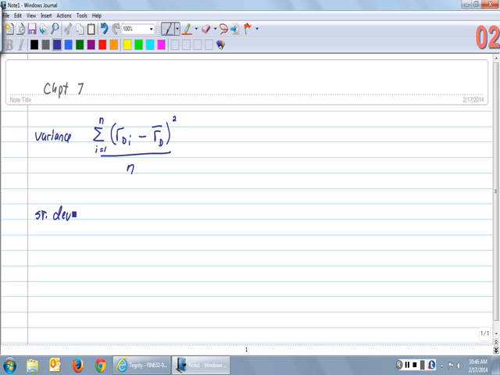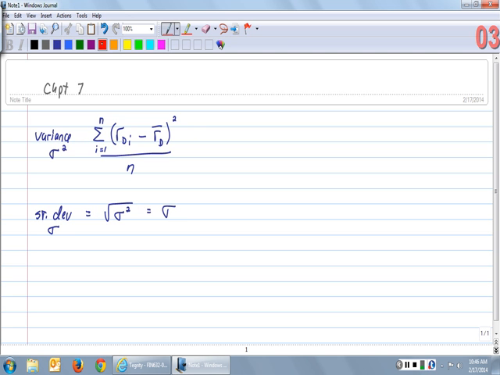The standard deviation is equal to the square root of the variance. Our notation for variance is sigma squared. So our standard deviation, which we usually denote by a lowercase sigma, is equal to the square root of the variance.